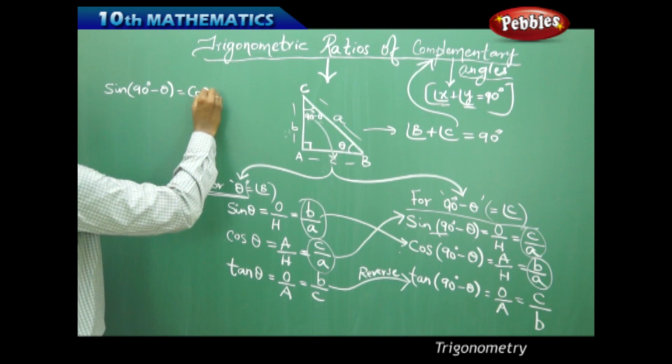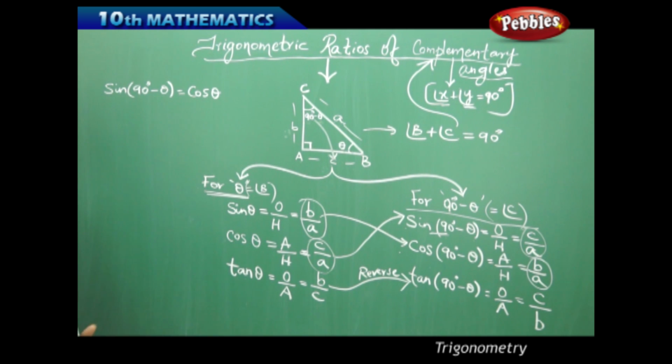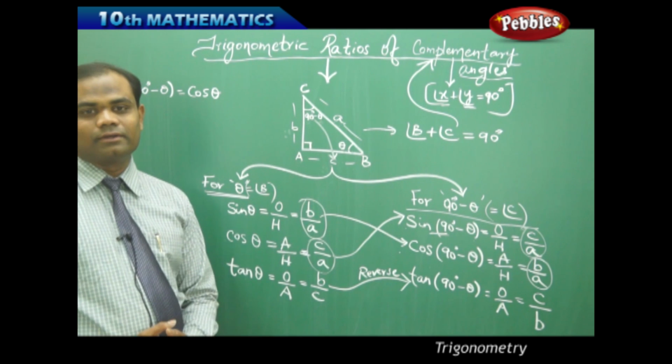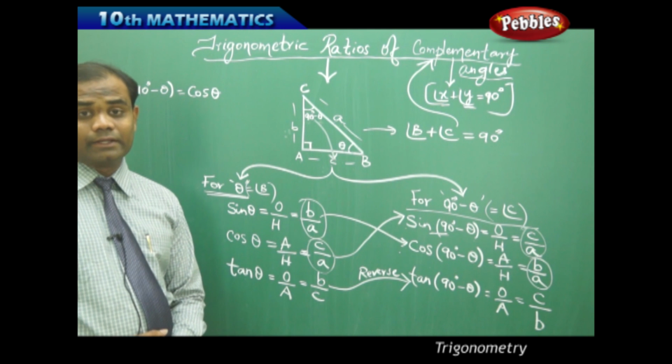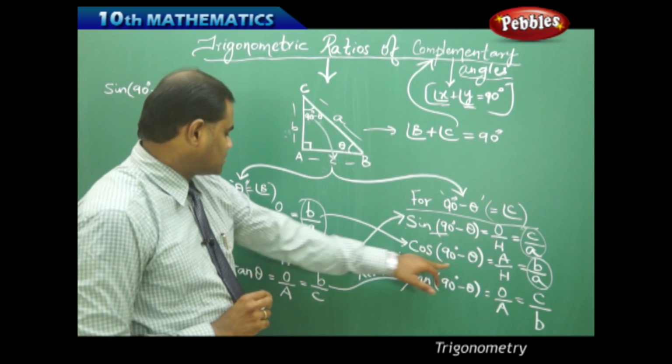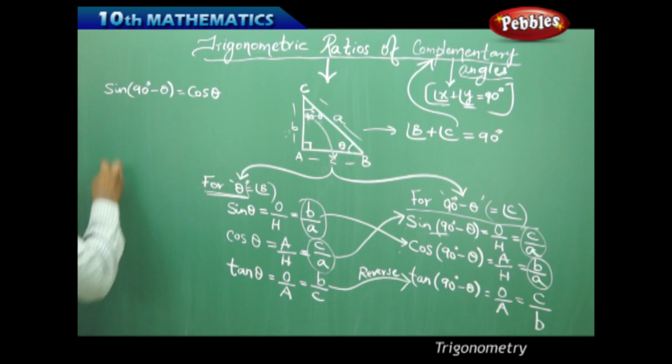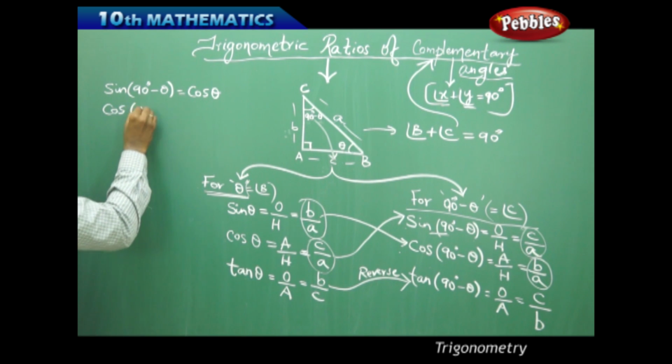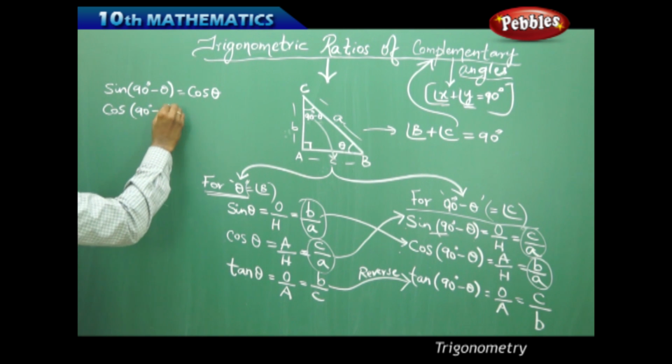So this is the formula which is extracted from the trigonometric ratios of a right angle triangle. And similarly, my cos 90 minus theta is sine theta, is what I get from the ratios.